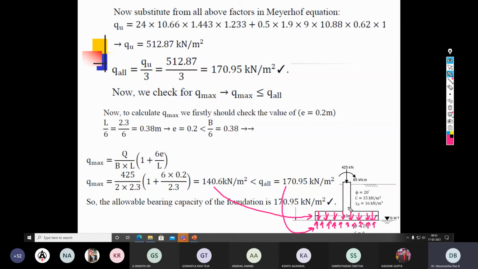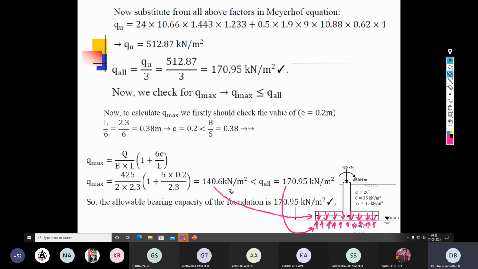When somebody asks about my factor of safety, my bearing capacity, that is the upward soil bearing pressure, must always be greater than the superstructure load. Here we can see 140 is less than 170.